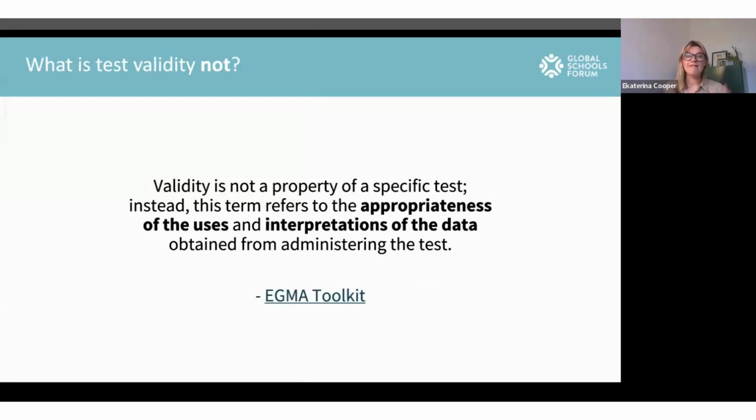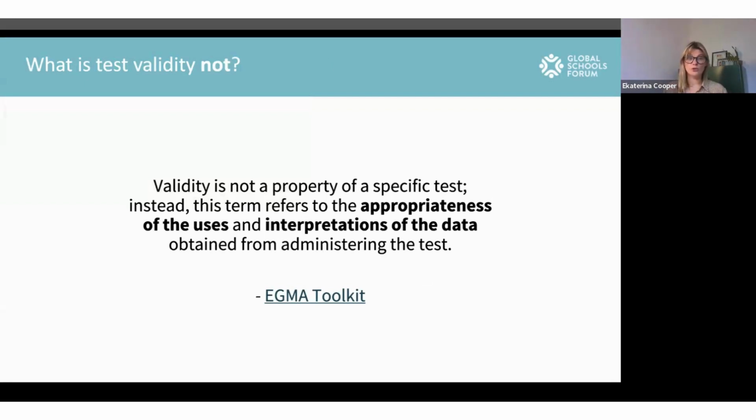So, validity is not a property of a specific test. However, we can think about it as the appropriateness of its use when we're interpreting the data and in the administration of the test.